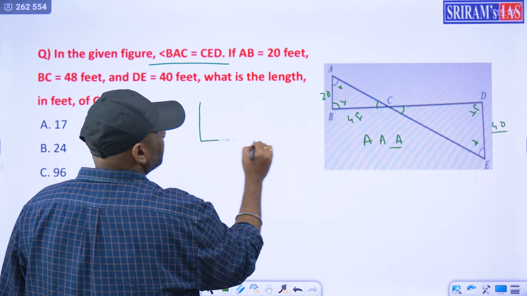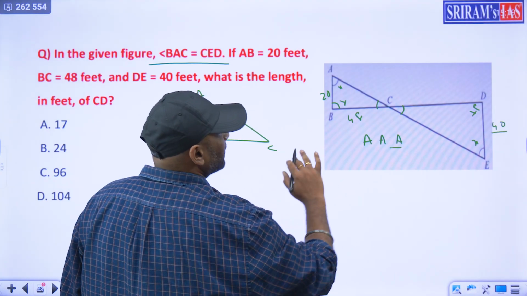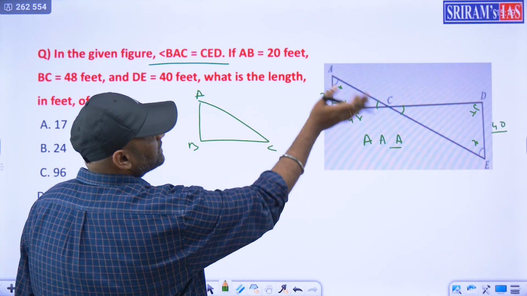Now if you observe this, A, B, C. Now rotate this triangle in such a way that CD forms with respect to BC.